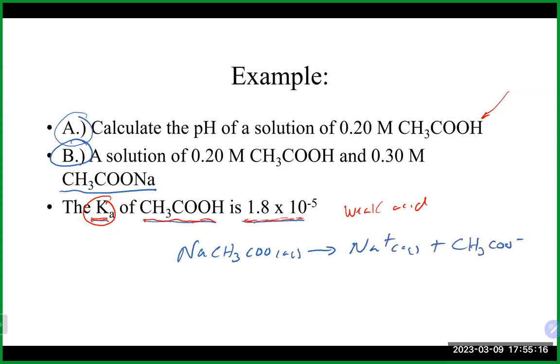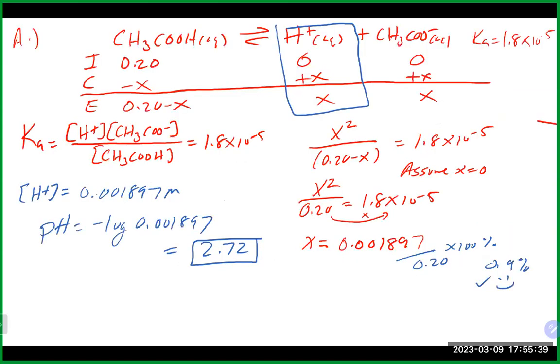And once again, it is going to be the acetate ion here that is going to be our common ion. So we have basically the same molarity of our acetic acid, 0.2 molar, but we are adding that 0.3 molar sodium acetate to it. So let me show you how the ice table changes a little bit as a result of this common ion being present. So we'll do part B here, I think.